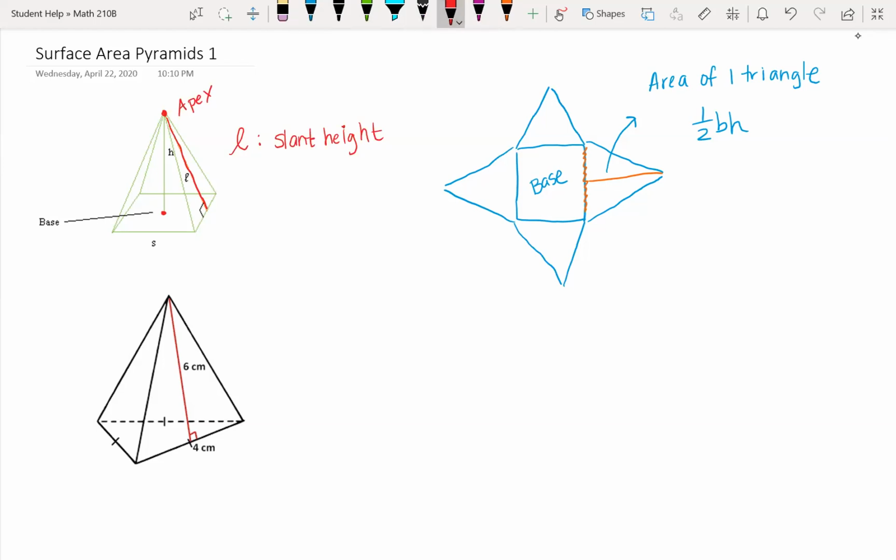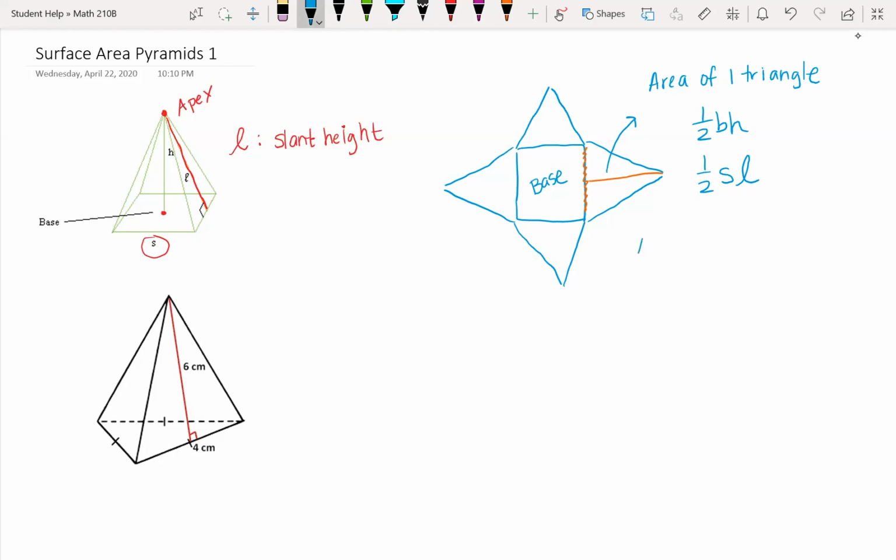This becomes the base of the triangle. So really, we're going to have 1/2 s, and then the height is instead the slant height, so it's going to be L. And for this pyramid, we have 4 triangles.